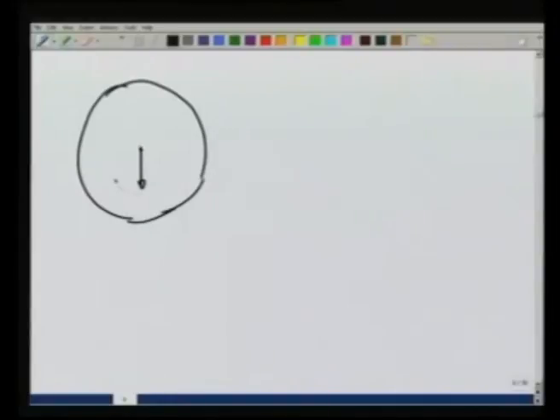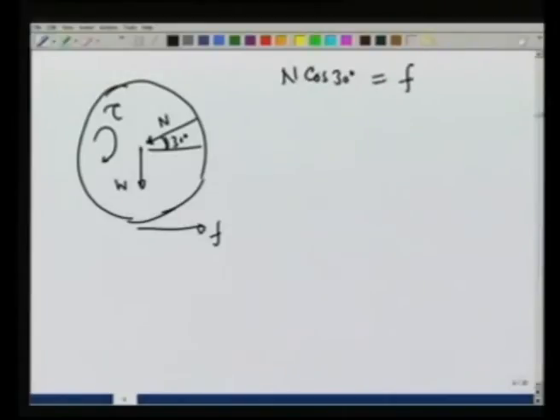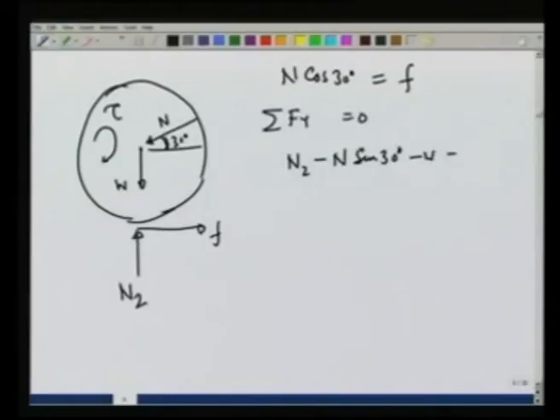Here is the weight W, here is F, here is normal reaction N, here is the torque tau, this angle is 30 degrees. So, we found that N cosine of 30 degrees is equal to F. Summation Fy equal to 0 would give me, if there is a normal reaction N2 here, N2 minus N sin 30 degrees minus W is equal to 0. That is the other condition.